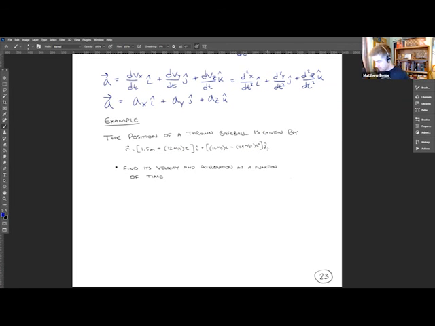So let's find these values. Let's split it up into its components. There's only a horizontal i hat and there's only a vertical component. So let's say x equals, well, what is this horizontal position, just the position by itself?